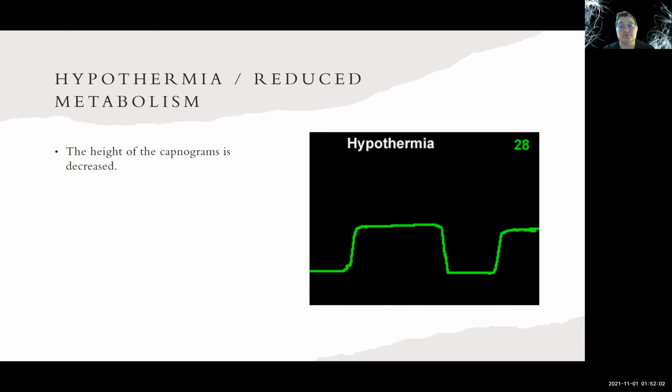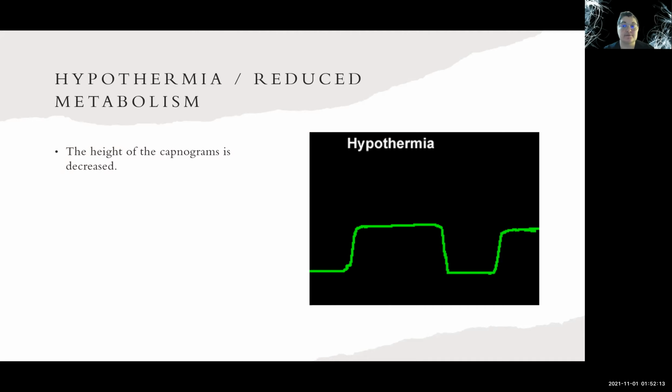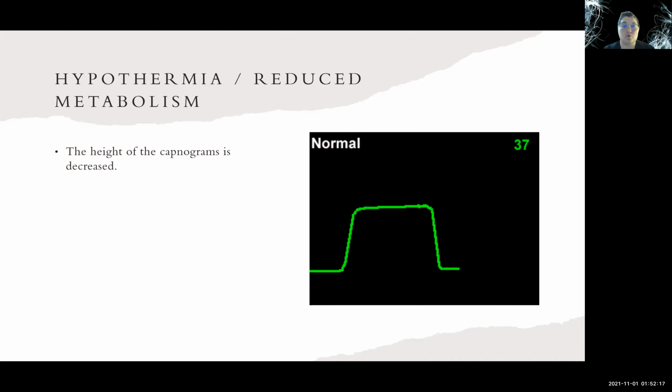They both go back to zero on waveforms and baselines, regular frequency and rhythm. So this is where you would have to evaluate your patient and critically think and look, is my patient breathing too much, or are they just getting too cold?